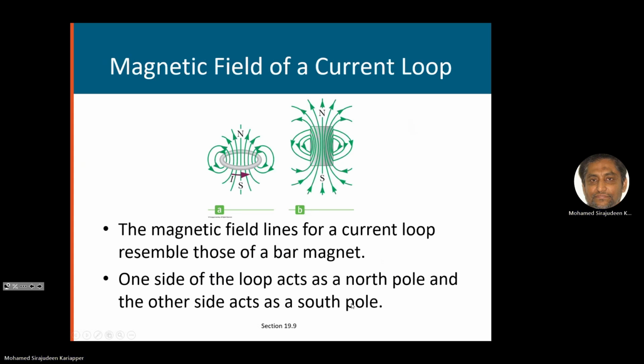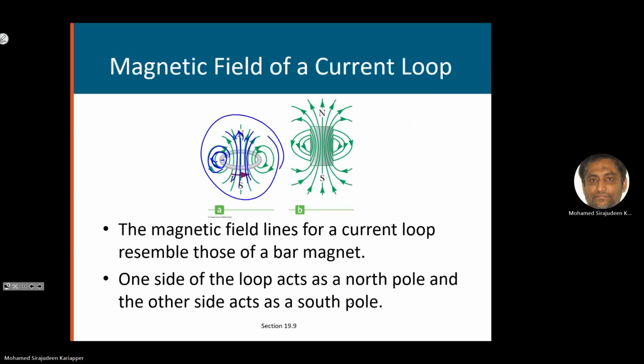If I draw the magnetic field at the center, it will be upward like that, and a little bit to either side of the center it will turn, and closer to the loop it will be a circle like that.